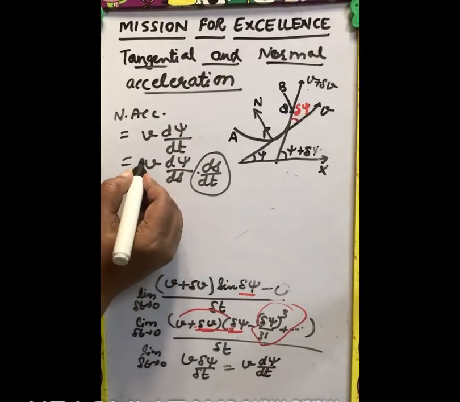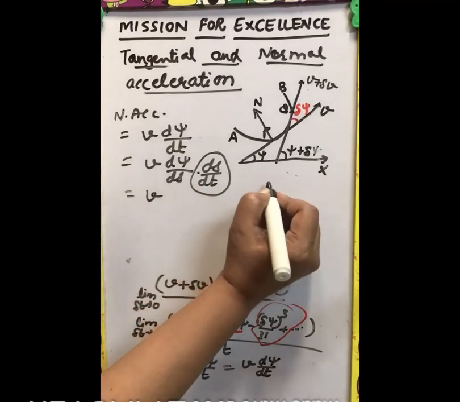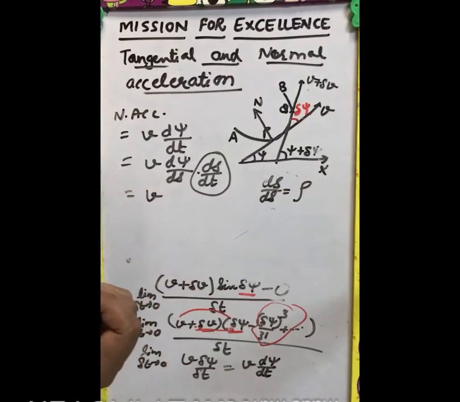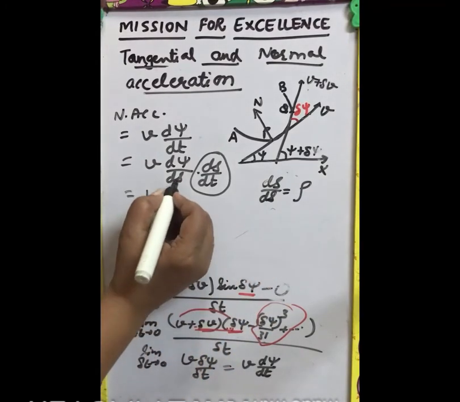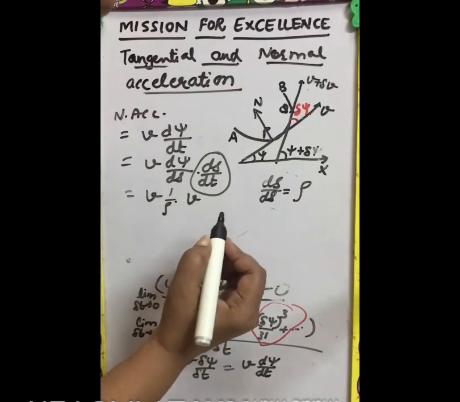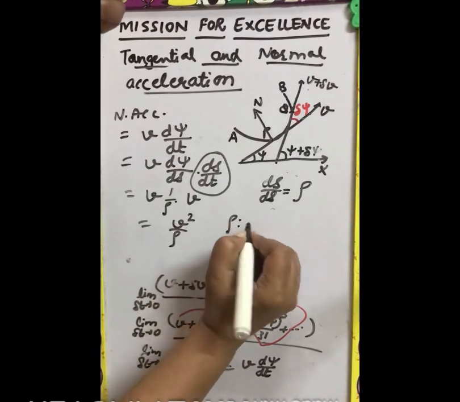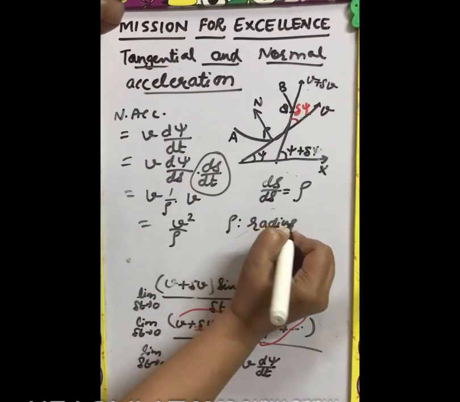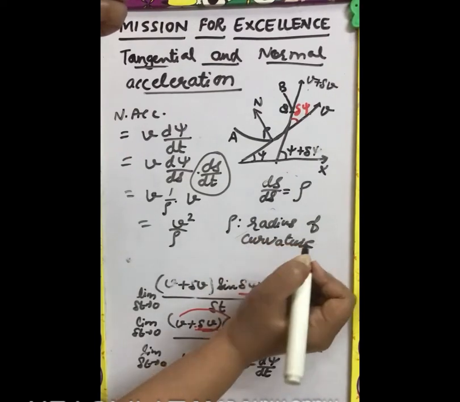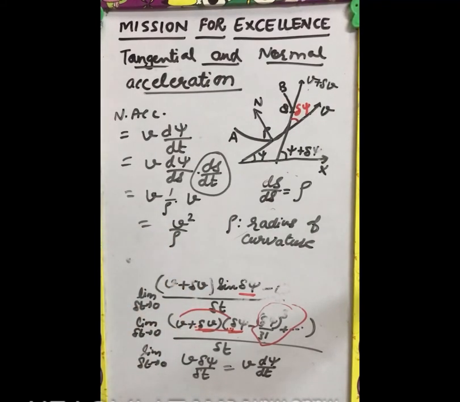So we will have v, and ds by d psi we have rho, that is the radius of curvature. So we have 1 by rho into v. So this will become v square by rho, where rho is the radius of curvature. So this is the expression for normal acceleration.